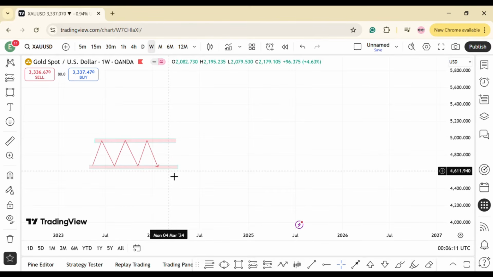Okay, now that you understand what structure is, what is break of structure? Break of structure simply means when the market breaks a significant key level.